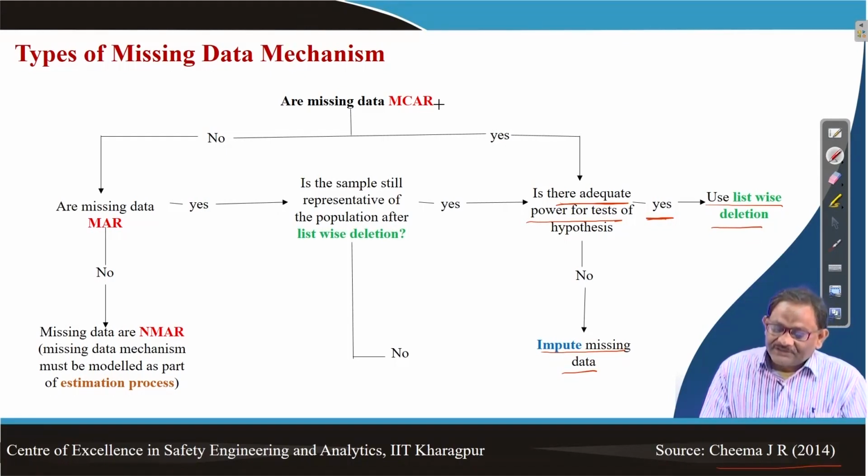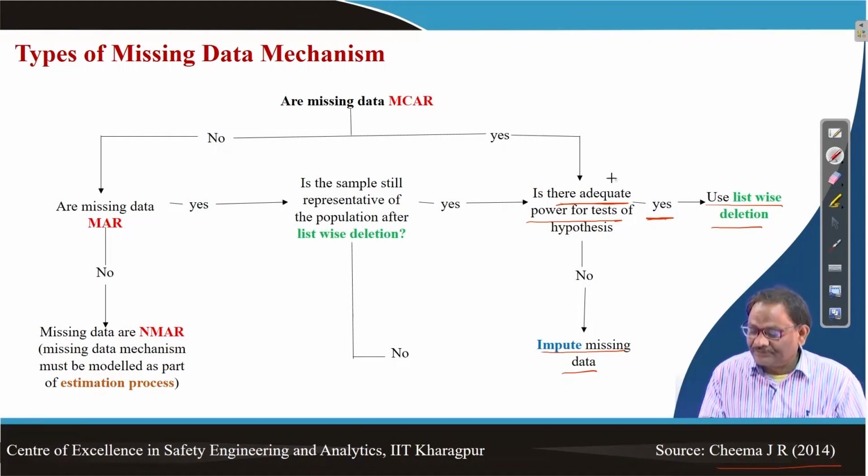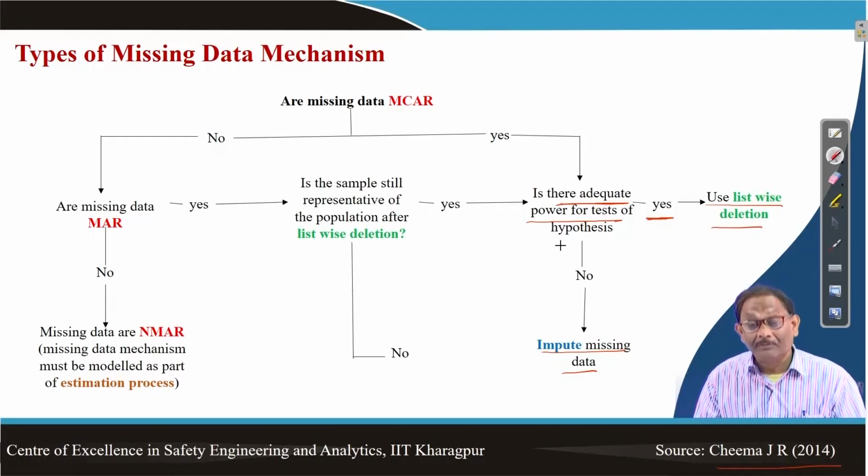So if it is missing completely at random, you have to check whether the adequate power of the test of hypothesis is there or not. Power of test is a concept related to the two types of errors, type 1 and type 2 error. Type 1 means rejecting a correct hypothesis, and type 2 is accepting a false hypothesis.